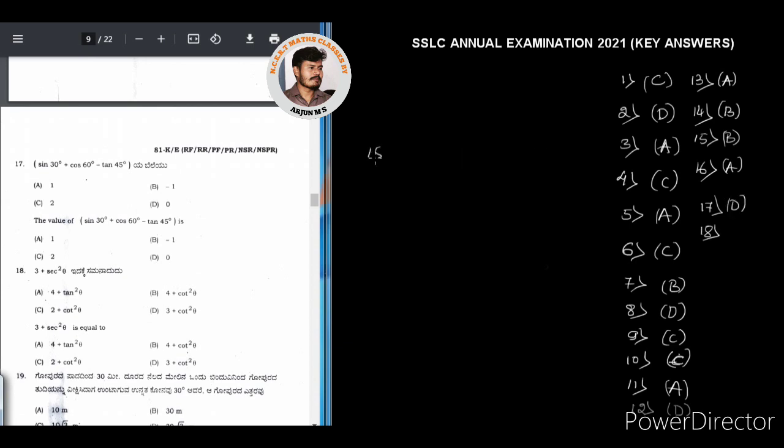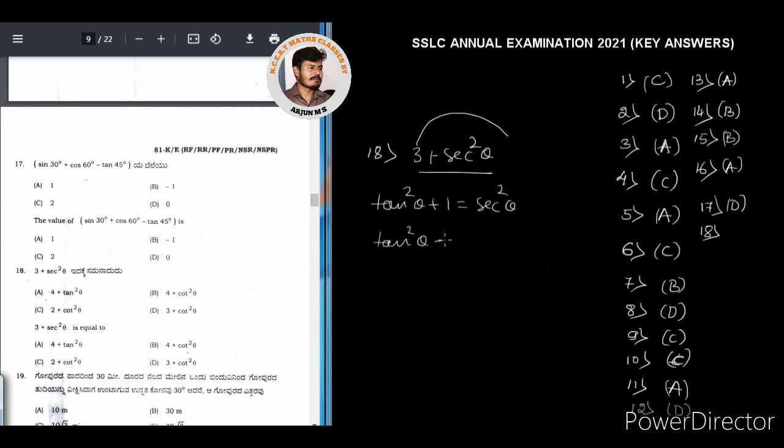Option D is correct. That is 18th question. You just observe here. 3 plus secant square theta is equal to. You just observe the following options. We have three main identities. One is tan square theta plus 1 is equal to secant square theta, right? According to this condition, secant square theta is equal to minus 3.